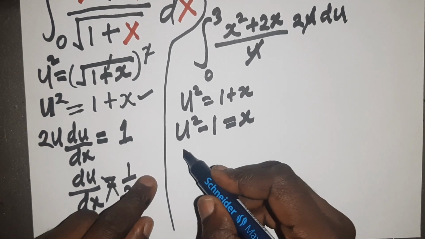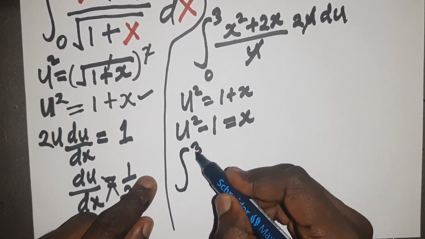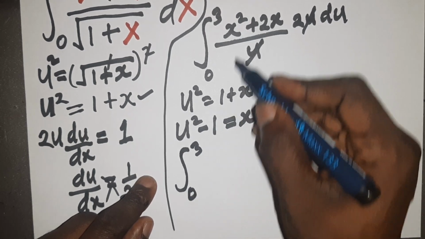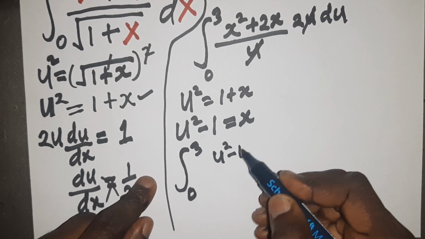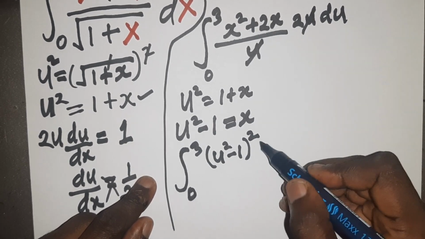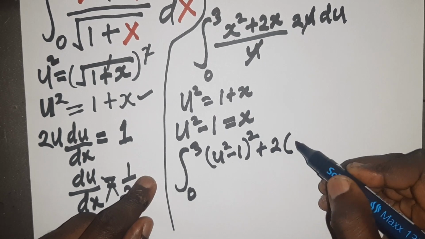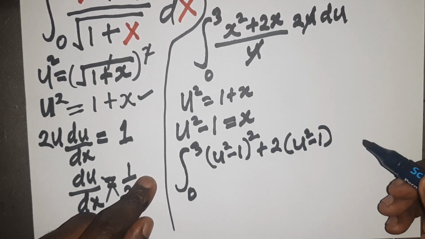So rewriting that, I have the integral. Again, fix your limits. Then here I have u squared minus 1 all squared, because of course there's a square here, plus 2 bracket u squared minus 1 close bracket.